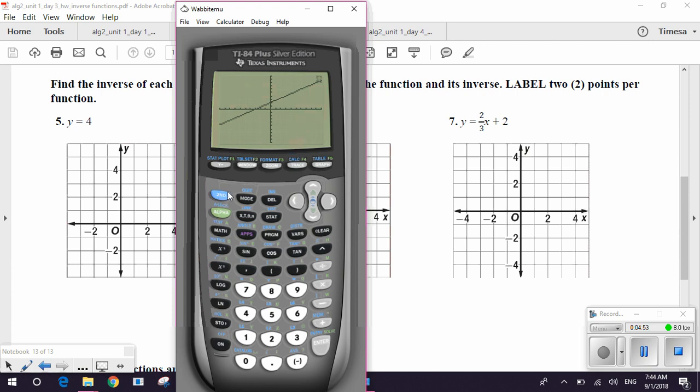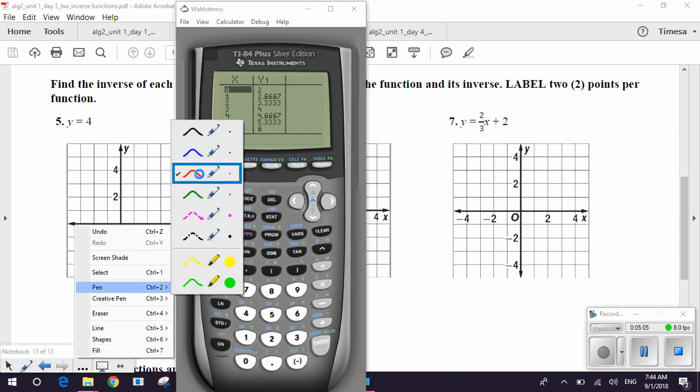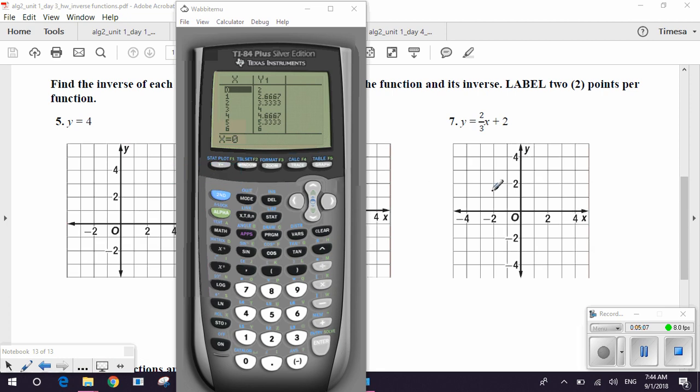So let's look at the table and use some good solid points to plot our graph. I see a solid one at 0, 2, right here. And 3, 4 is another solid one.